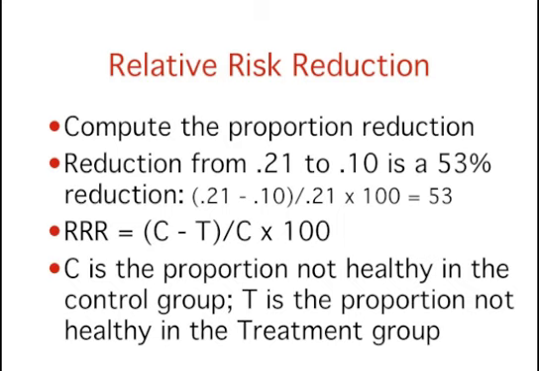This measure of the benefit is called the relative risk reduction, or RRR. The general formula for RRR is RRR equals the quantity C minus T divided by C times 100, where C is the proportion not healthy in the control group and T is the proportion not healthy in the treatment group.